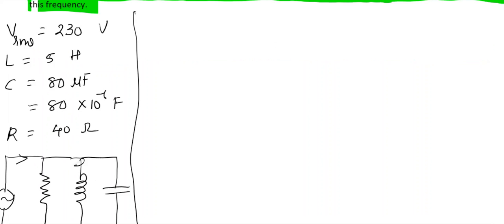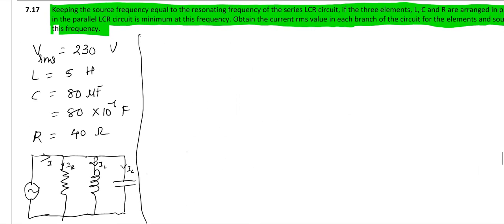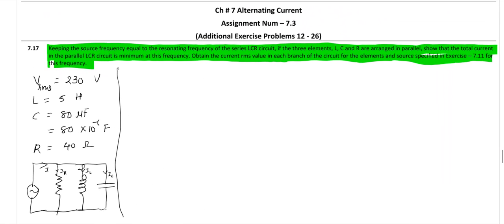We know that if current here is I, and if I denote current here as IR, IL, and let the current here be IC, then by the phasor method, if I add up, because the phases of these currents are not same, so I cannot directly apply Kirchhoff's second law or first law. So IR plus IL plus IC we cannot do because phases are not same.